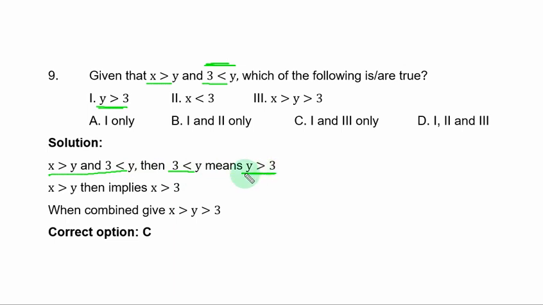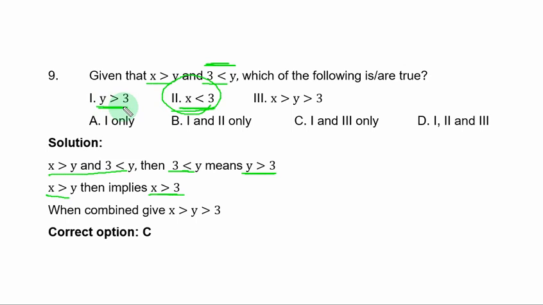If you interchange the position of 3 and y, the symbol of inequality changes. Now, s is greater than y is greater than 3. It simply means s is greater than 3. But what you have here and the second part are not the same, so we discard this.